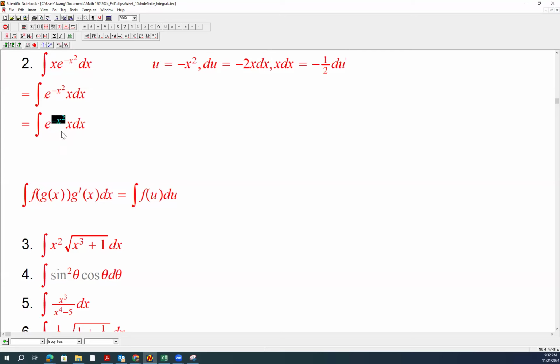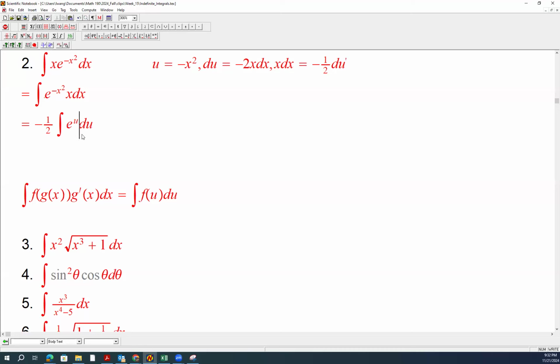This will be e to the u, and that part will be replaced by this. In this case, we should have parentheses for negative 1/2, unless you put a negative half in the front. If you put negative half in the front, you don't need it inside.